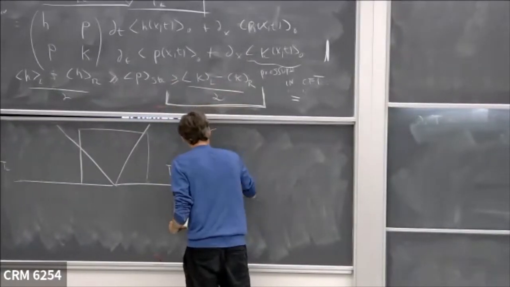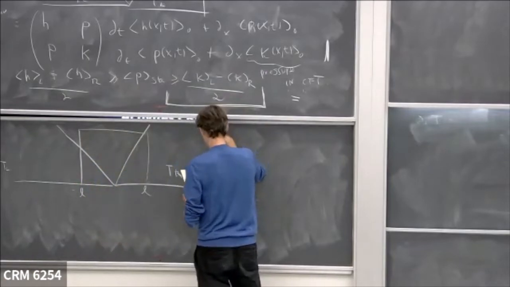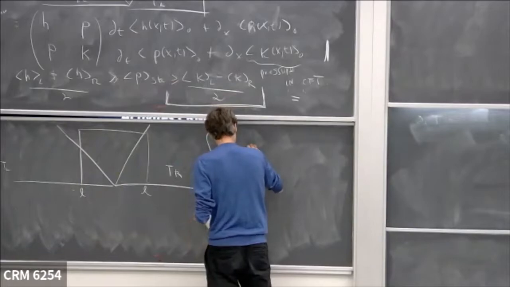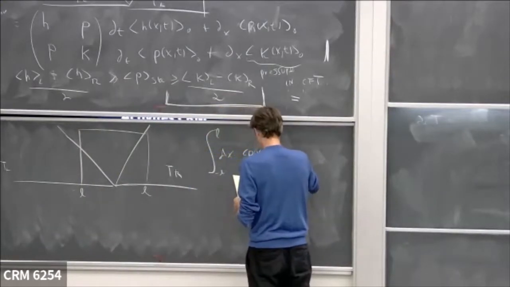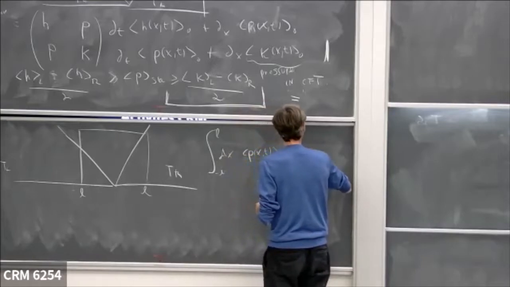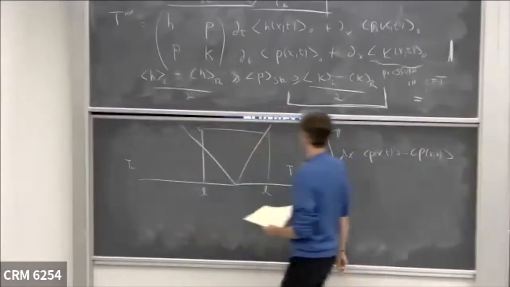So I would have integration, say I put minus L and L here. So from minus L to L, dx of the average momentum at x, t minus at x, 0. I'm going to go all the way up to t here.